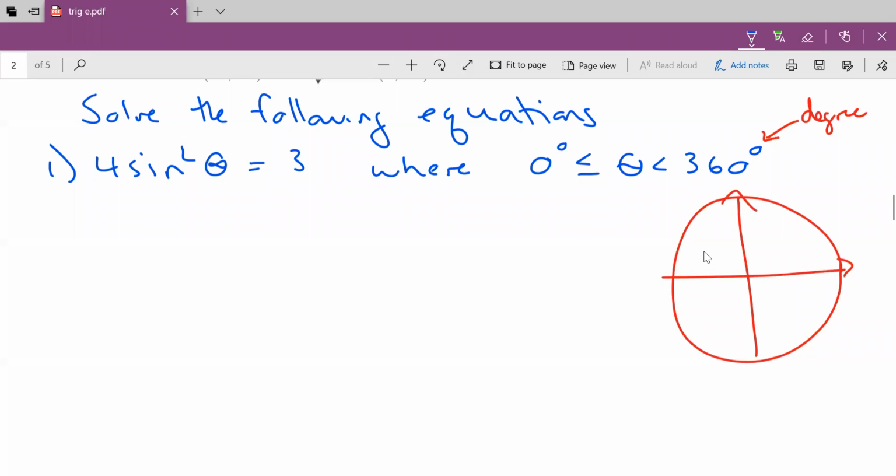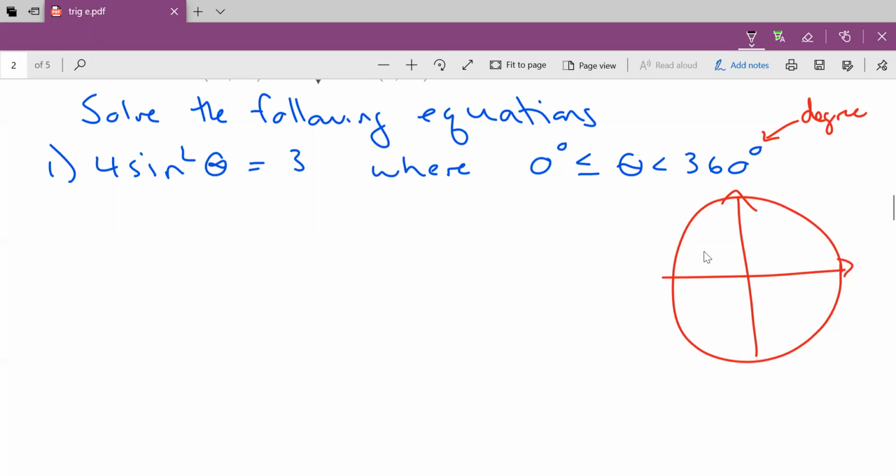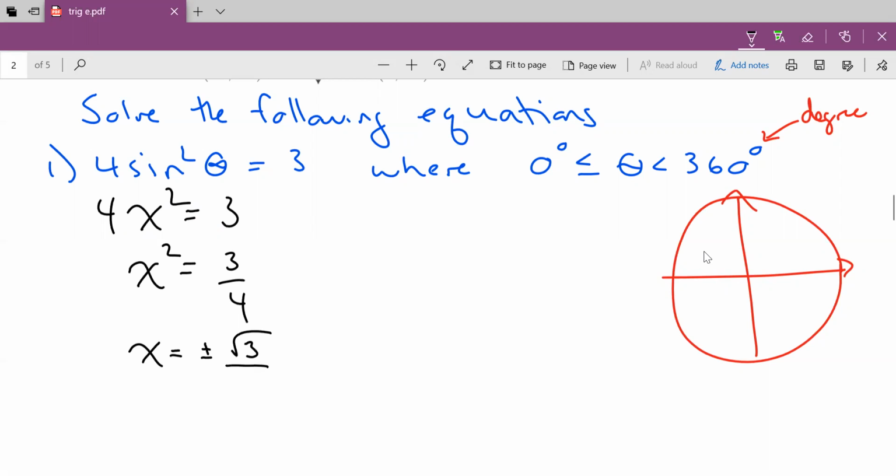So our goal here is we're trying to get theta by itself. Okay, no big deal. What if this wasn't a sine squared theta? What if this had just said this? Well, I know what I would do in grade 11. I would divide by 4, and then I would square root. And I'm going to remember that I get the primary and secondary square roots, a positive and a negative.